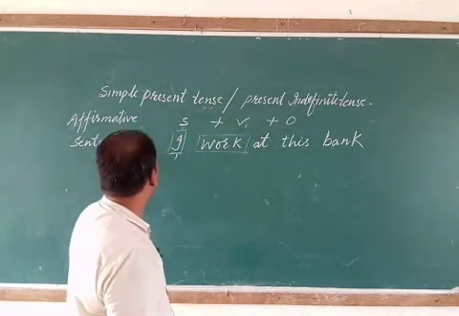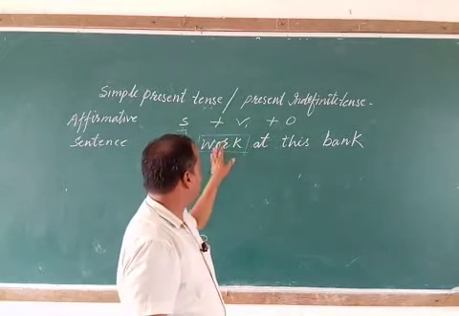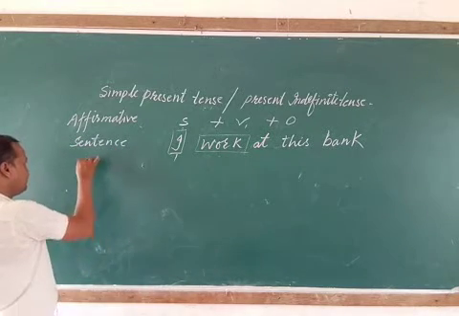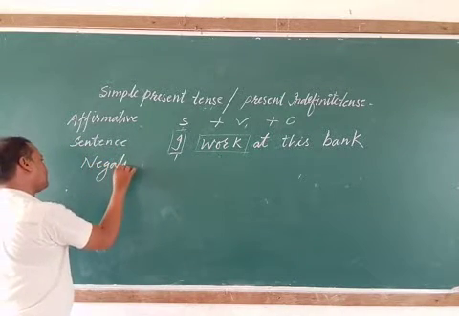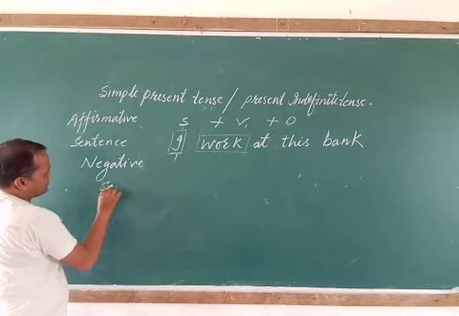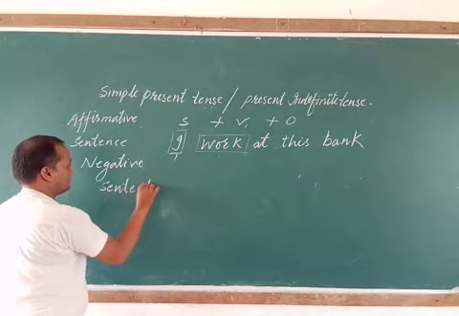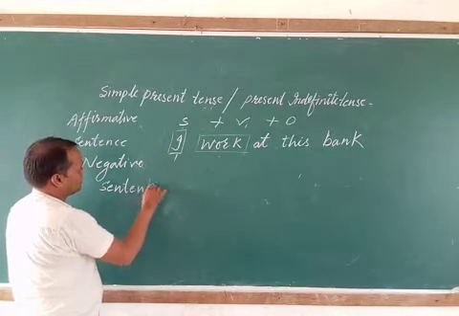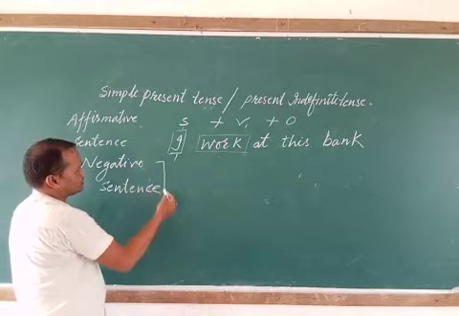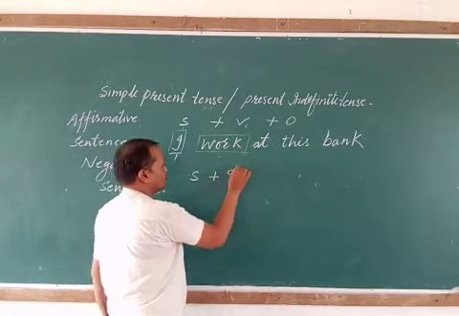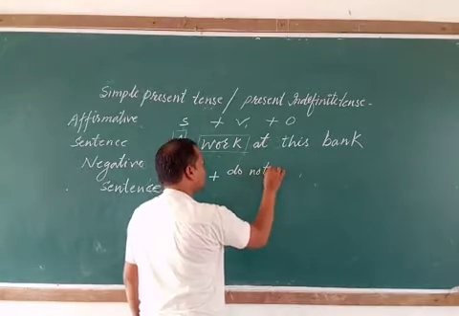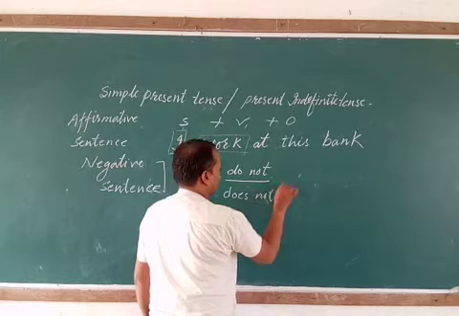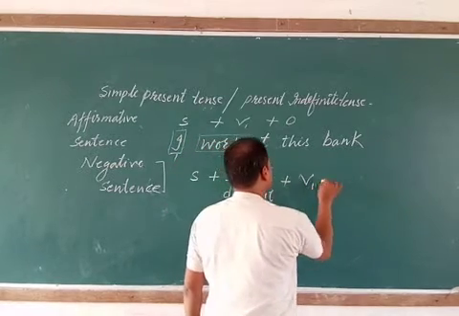First, in affirmative sentence, the verb will be in first form. In negative sentence, the structure would be subject plus do not, does not, plus first form of the verb plus object.